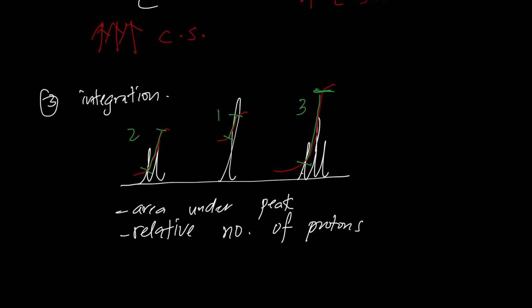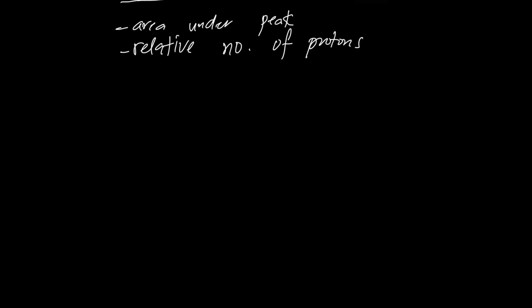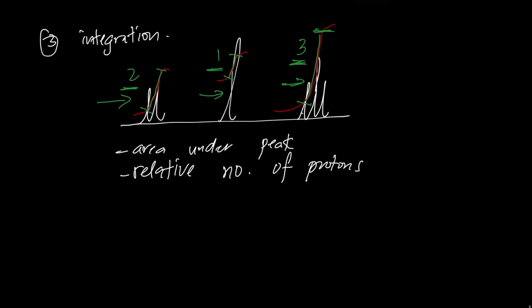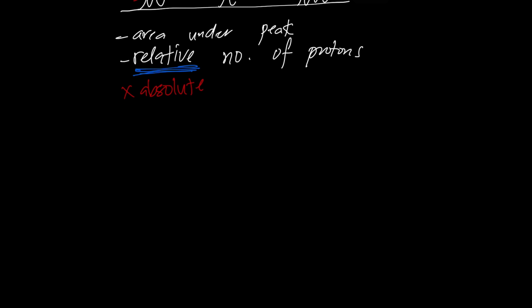So you know that the relative number of protons that give you this signal is 2, this signal is 1, and this signal is 3. But one thing I need to remind you here is that this is the relative number, not the absolute number. Maybe from an example it's easier for you to understand.